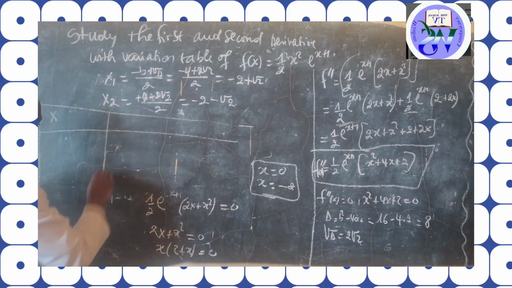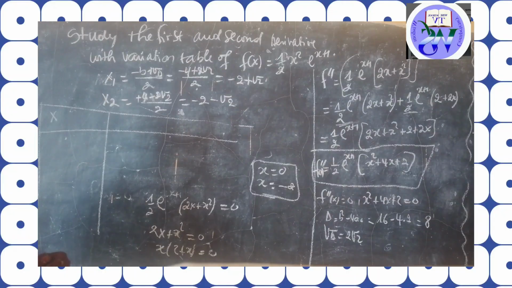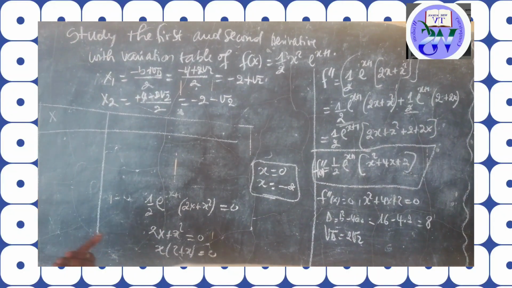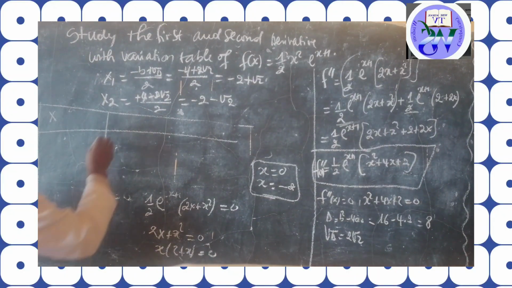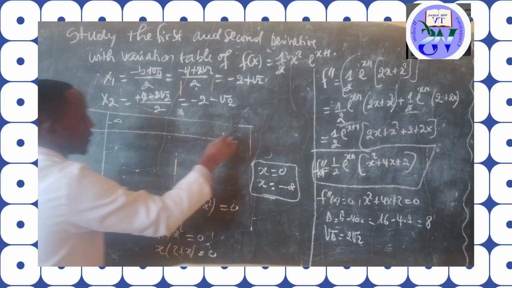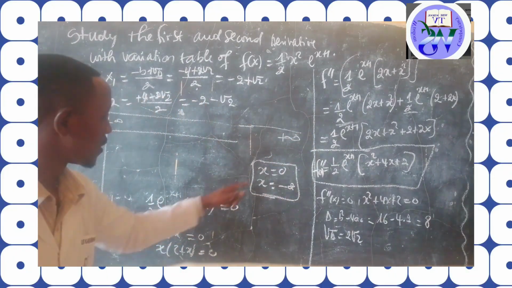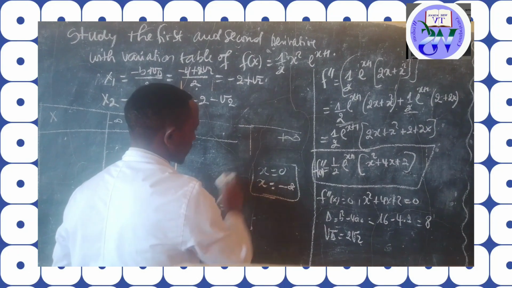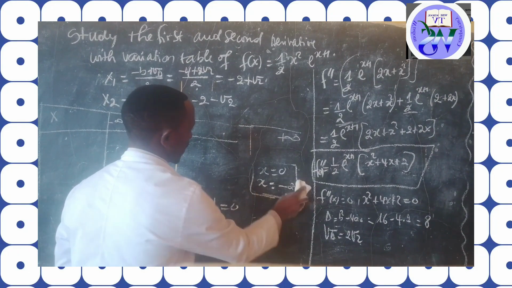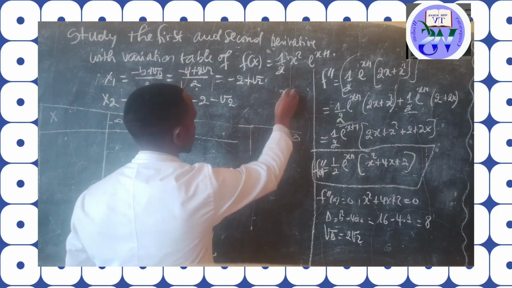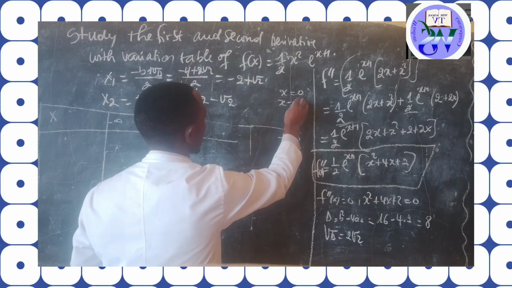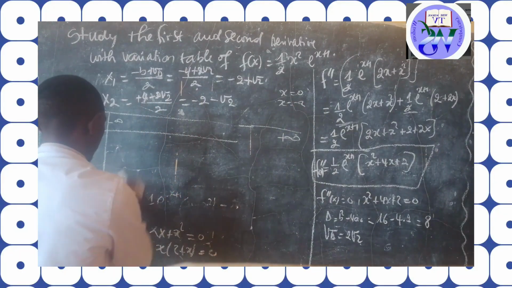So when you put this x, here there is minus infinity, here there is plus infinity. Remember that these are the roots of the first derivative: x is equal to 0 and x is equal to minus 2.